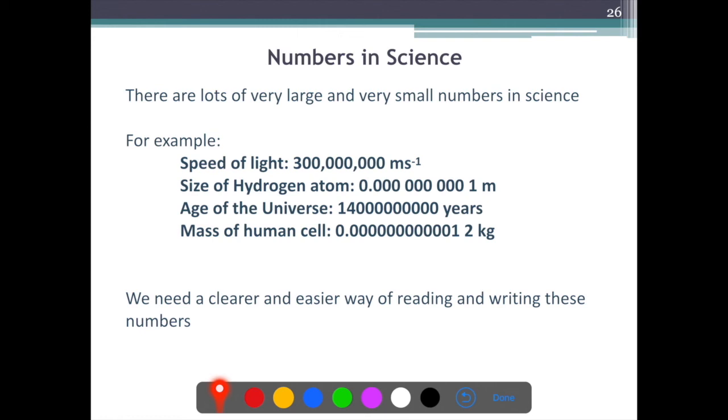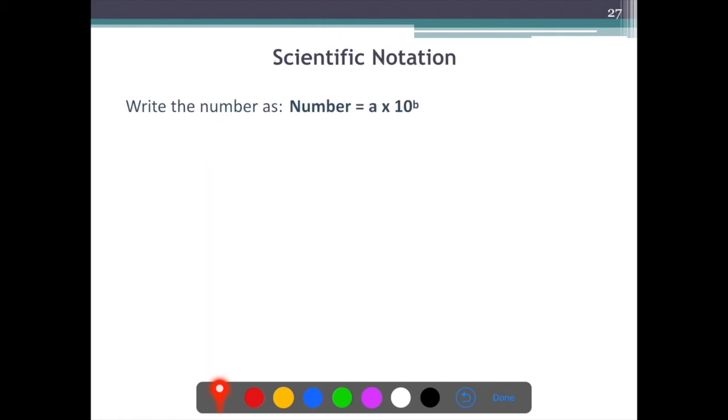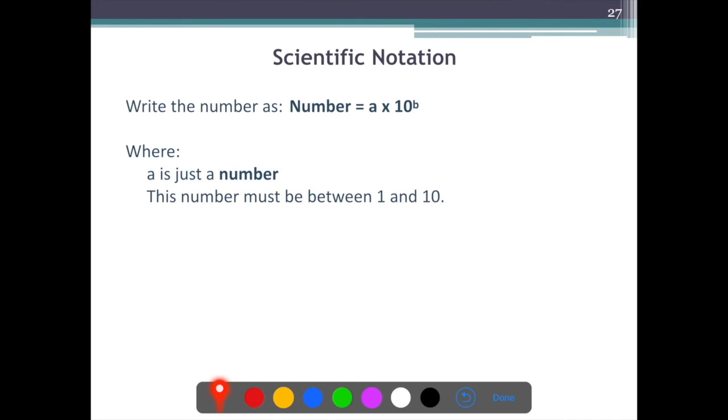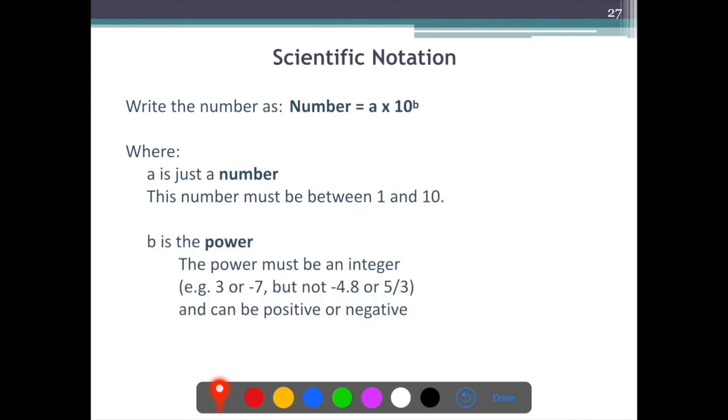And that way is what we call scientific notation. So in scientific notation, we write the number as a number A times 10 raised to an exponent B, where A is just a number that's between 1 and 10, and B is what we call the power or the exponent.